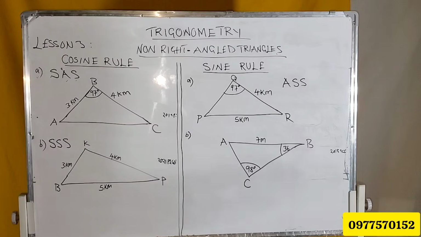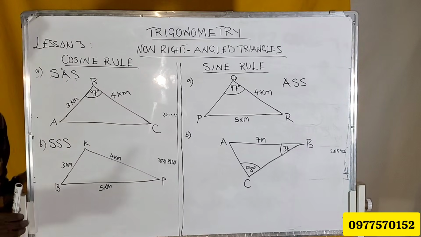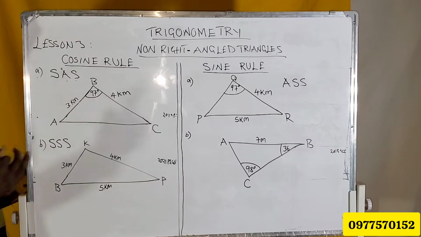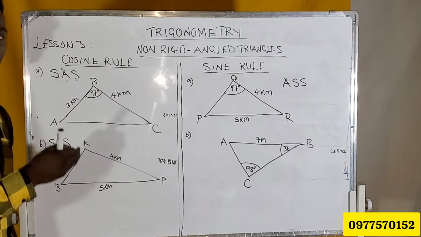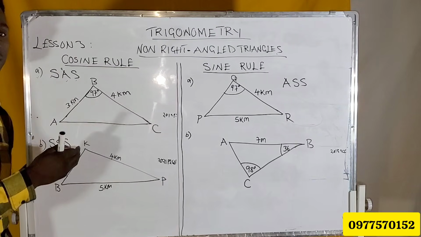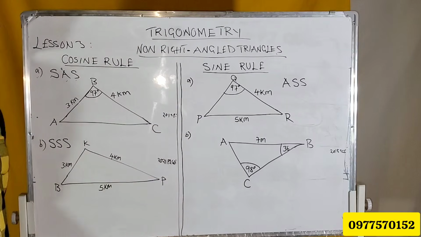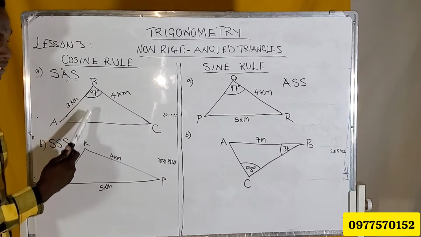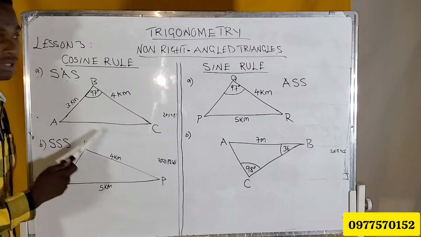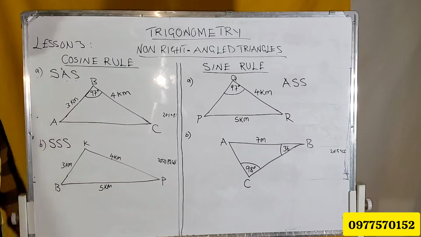In other words, for me, it's easy if you just know the conditions for the cosine rule, because if it is not the cosine rule, then it's the sine rule automatically.